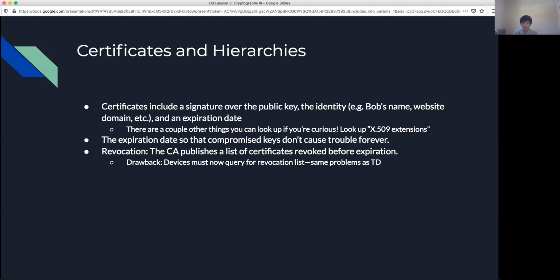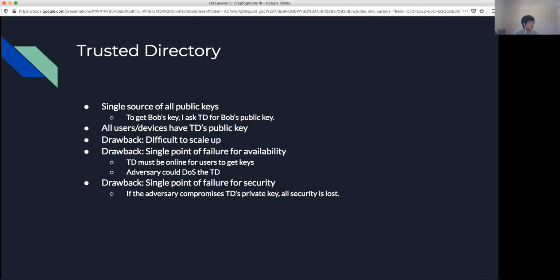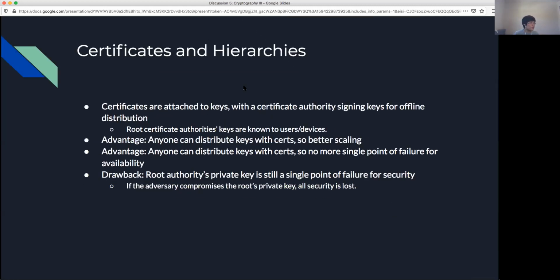This still has the drawback of there being a single point of failure for security, because if the root certificate authority's keys are ever compromised, again, an adversary could just use that to sign certificates that people trust. But it does have the advantage that anyone can distribute keys as long as they have the attached certificate, so it scales better and it's no longer a single point of failure in terms of availability.